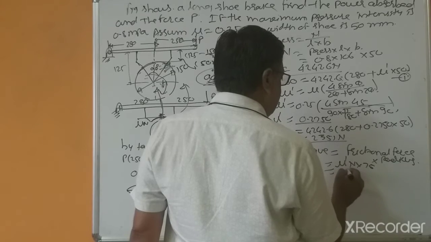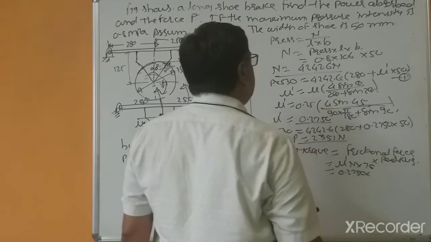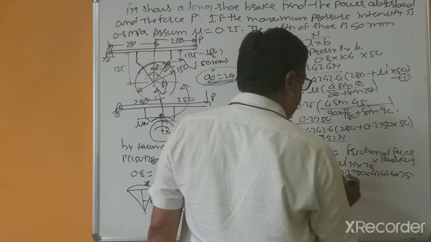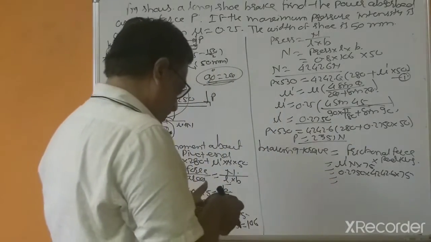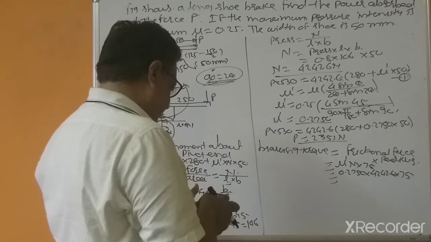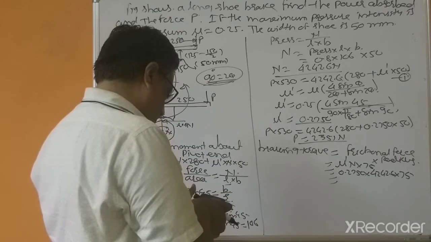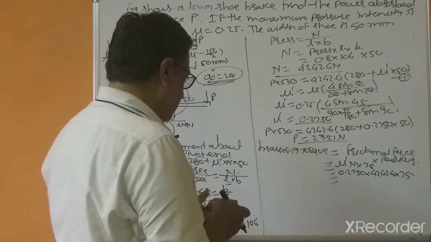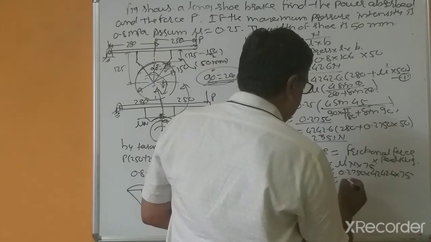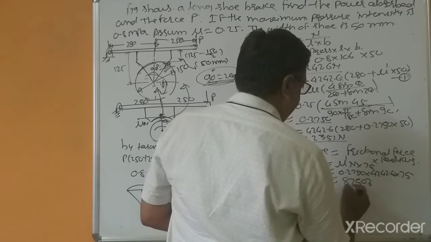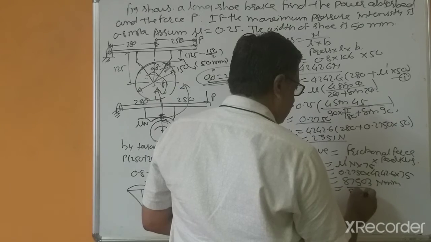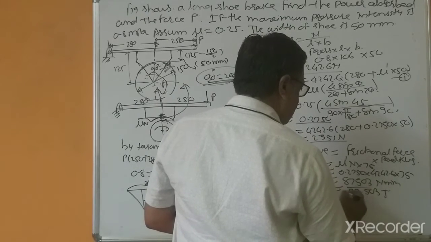This is again 0.275, N equals 42.6 multiplied by 75, and this is equal to 87503 Newton mm, or this is 87503 joule.